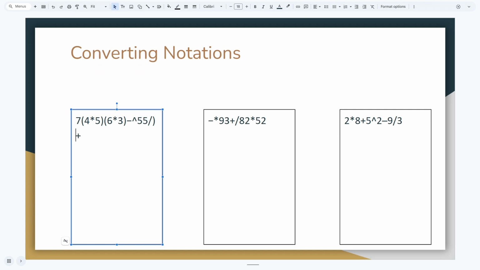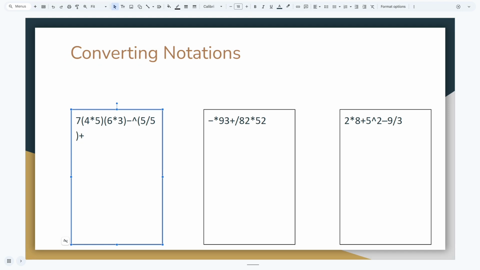We can put that in brackets and move this into the middle. Now we've got this equation. So now we can move down.